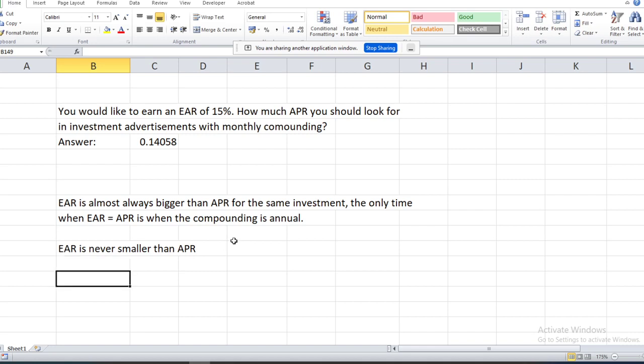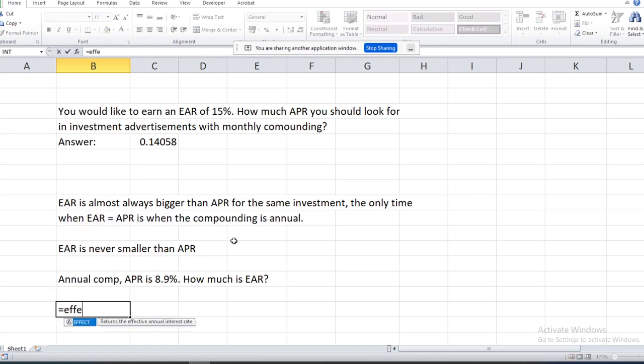Okay. So let's have a look at an example. Let's say annual compounding, APR is say 8.9%. How much is effective annual rate?